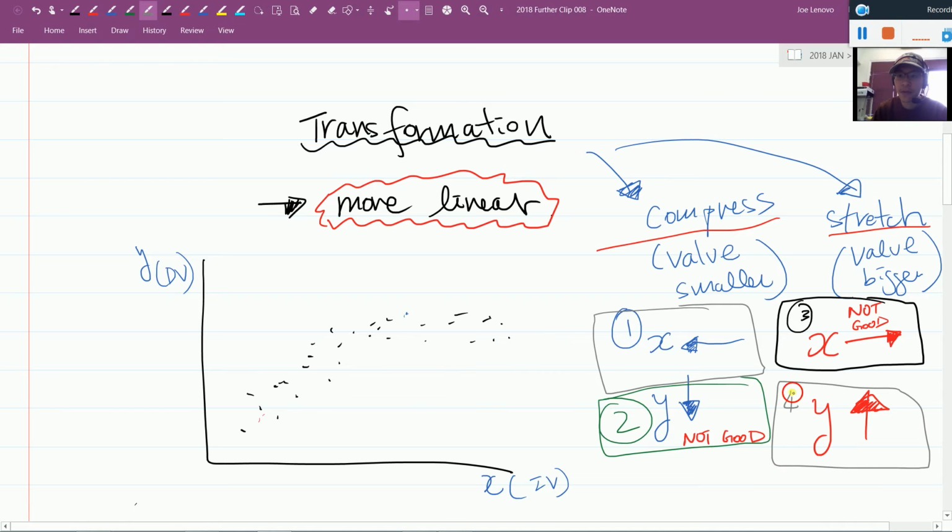Number 4 is stretching the y, increasing the y values. If those dots here get increased, moving all the way up, then what do you see of the new graph? More likely those black dots would be going up.